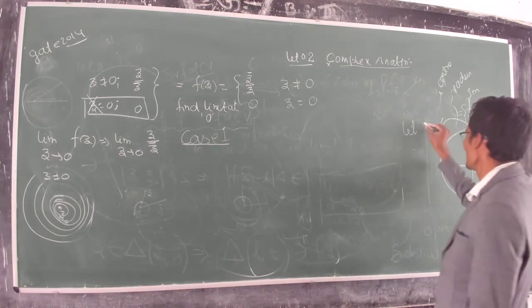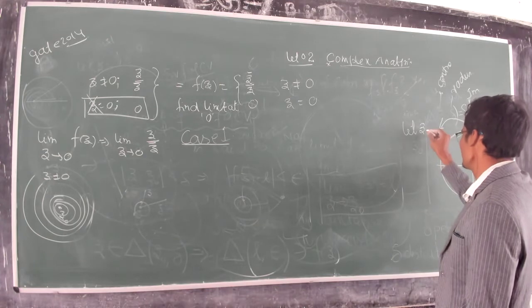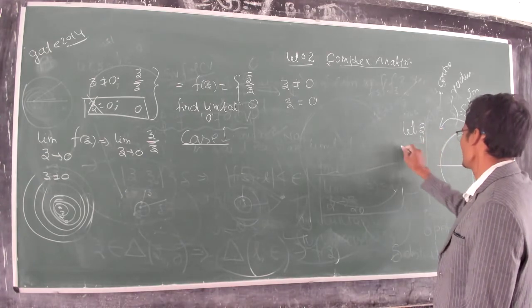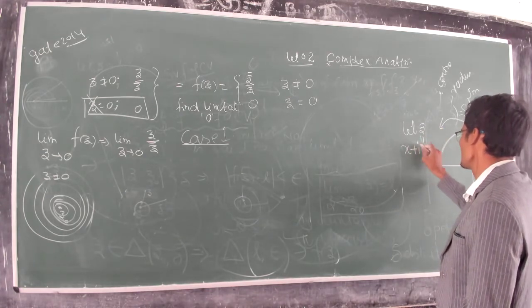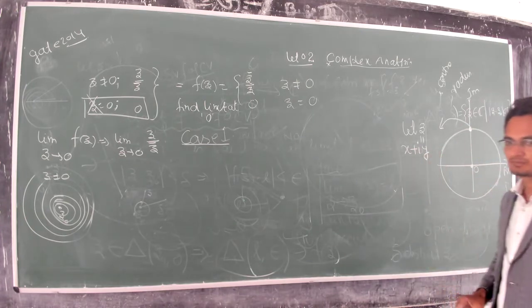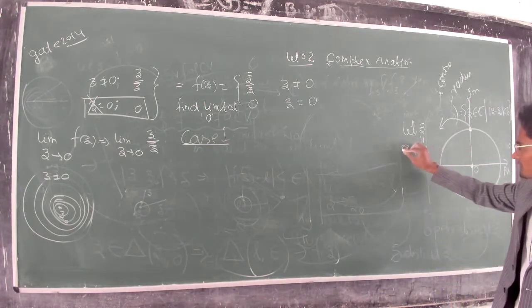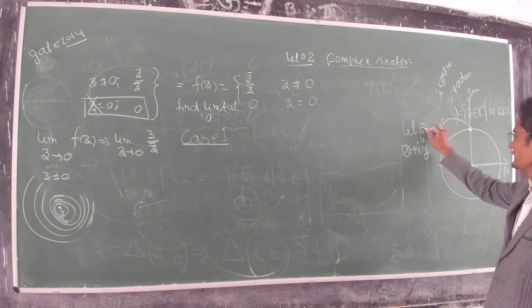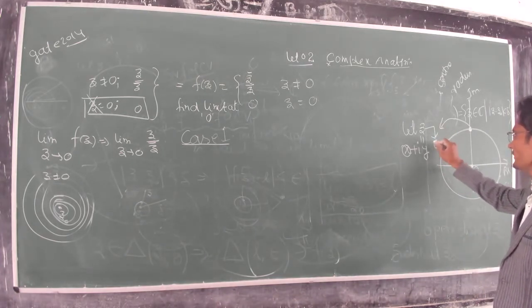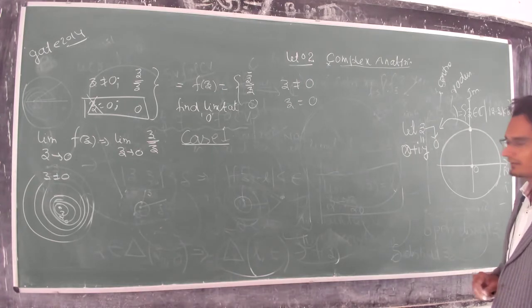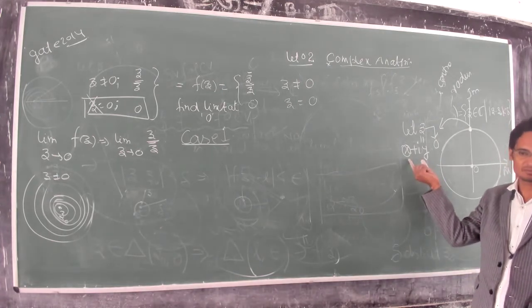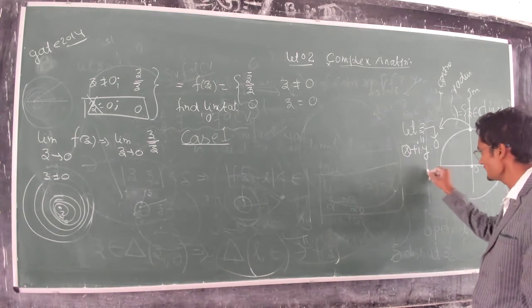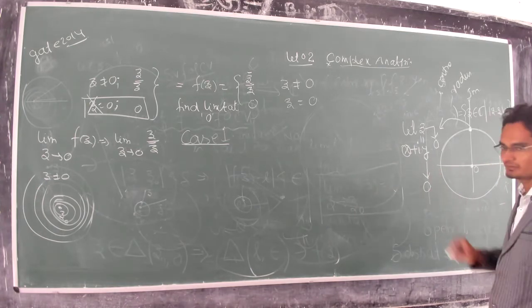So here our g will look like x plus iota y, but here x will be 0, because on the imaginary axis this part is 0. Since g tends to 0, this implies that here x is already 0, so it is sufficient that your y should tend to 0.